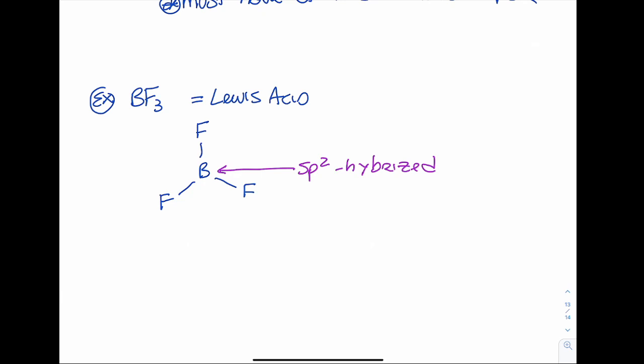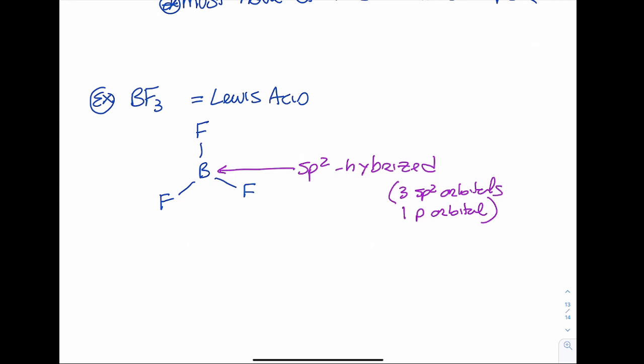So what that means for us, remember if something's sp2, it's going to have three sp2 orbitals, but it also has one p orbital. So if I was to draw my orbital bonding picture for this, the three sp2 orbitals are going to be overlapping with the sp3 orbital of fluorine, right? There are three lone pairs on those fluorines, so they're sp3 hybridized.